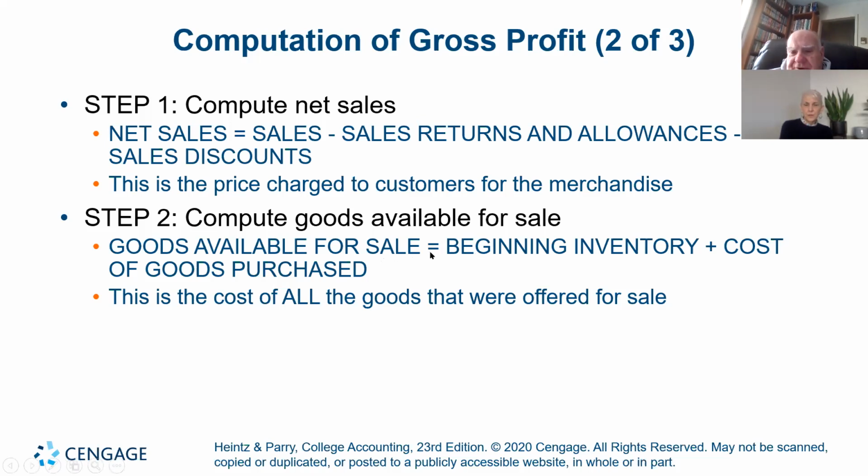Think of these as units. At the beginning of the month, you had 1,000 books in your bookstore. Then you purchased 9,000 more books. You add that together, and we're going to call that goods available for sale. You could not possibly have sold more than the 10,000, right, Lori? You had one in the beginning, you bought 9, you can't sell more than 10,000.